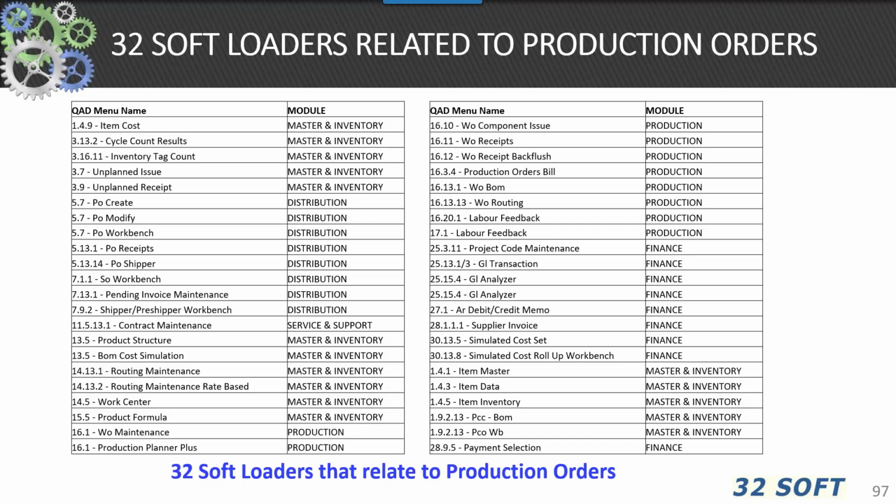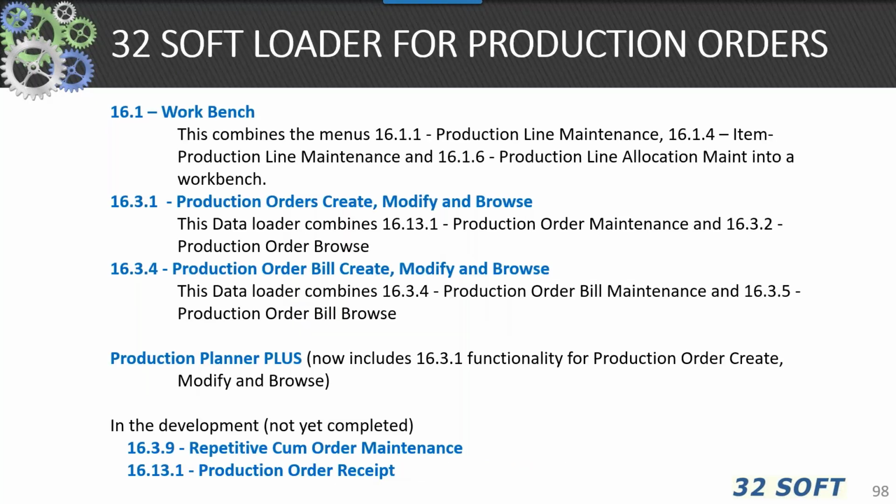As we've seen, production orders are central to everything you do in your factory. 32Soft loaders can bring logic, accuracy, and consistency to that process. Olena, Christian, Alex, Nancy have been working on the new production order functionality, and we've developed a series of loaders that directly affect the production orders, such as 16.1 workbench, 16.3.1 production order create, modify, and browse.